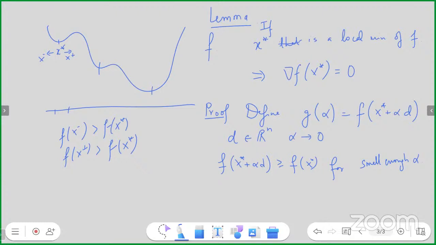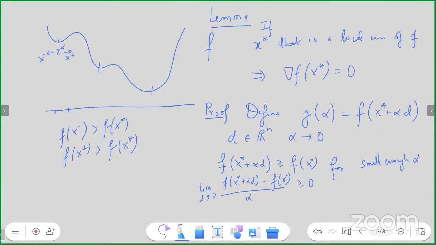So if I take the limit, this is definitely greater than or equal to 0, right? But what is this quantity equal to?